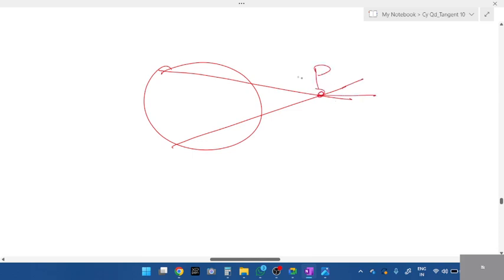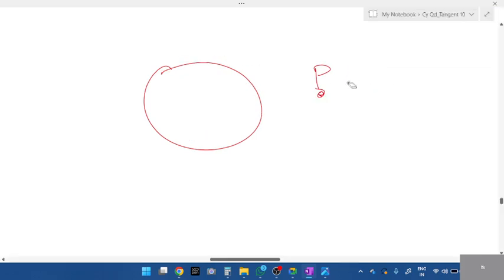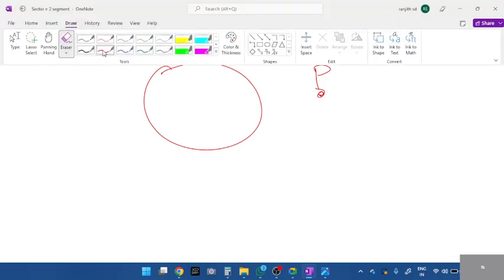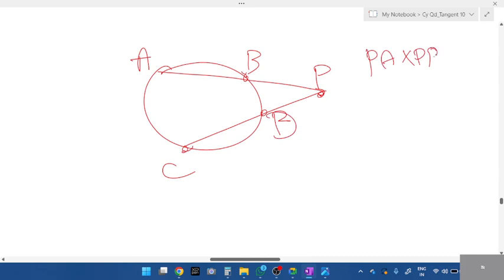C. This is C. So here they would just ignore this. A, B, C, D. What's the formula, students? PA into PB is equal to PC into PD.